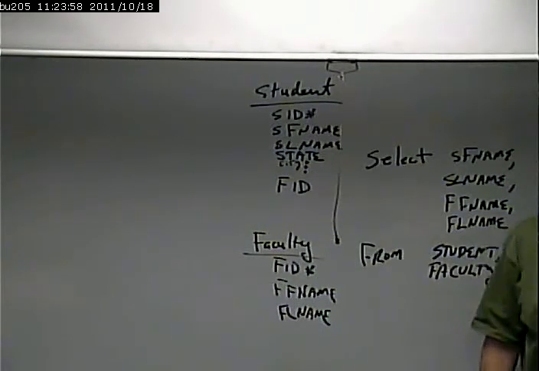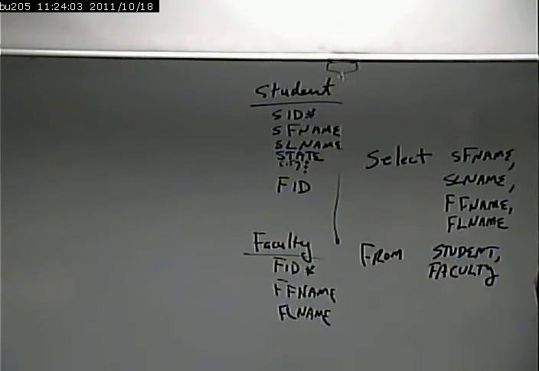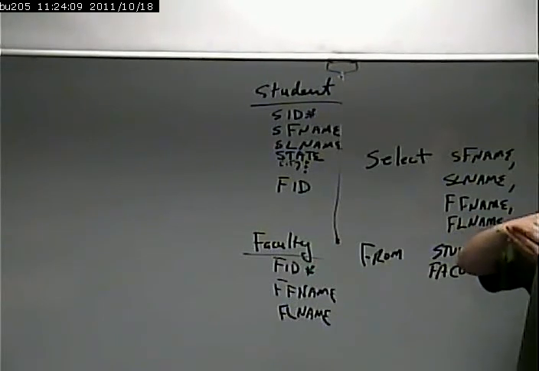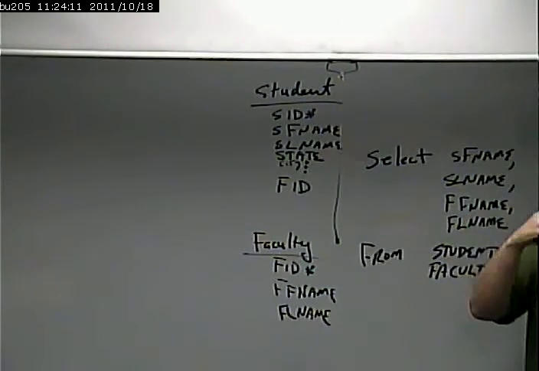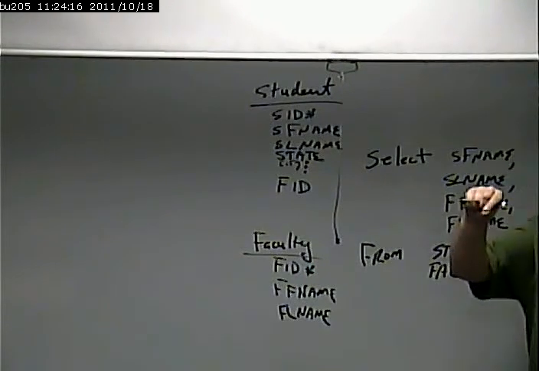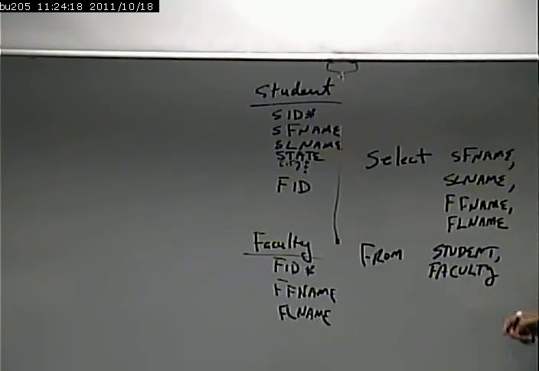And I asked you, what's the name of Mary's faculty advisor? Well, you'd see it's a person who has a faculty ID of 8. You'd go look at that other sheet of paper and say, faculty advisor of 8. Okay, that's Zellers. So you would visually match them up and say, this in this table matches to this in this table. That's effectively what we're going to do with the where clause.